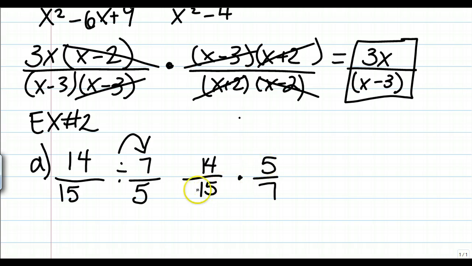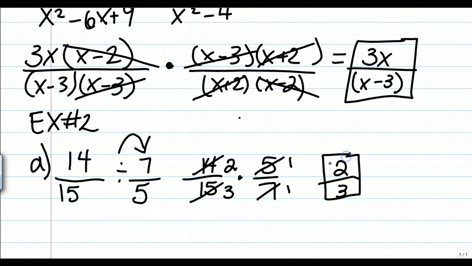Then you see if you could cross cancel, just like we did here. 5 goes into 5 once, and 5 goes into 15 3 times. 7 goes into 7 once, and 7 goes into 14 twice. When you multiply across, you have 2 times 1 is 2, and 3 times 1 is 3. So your answer is 2/3.